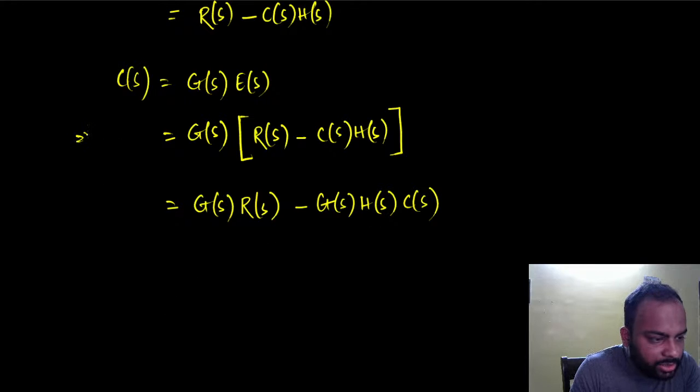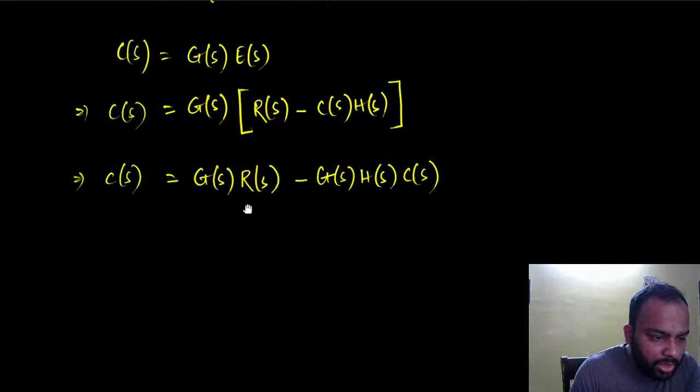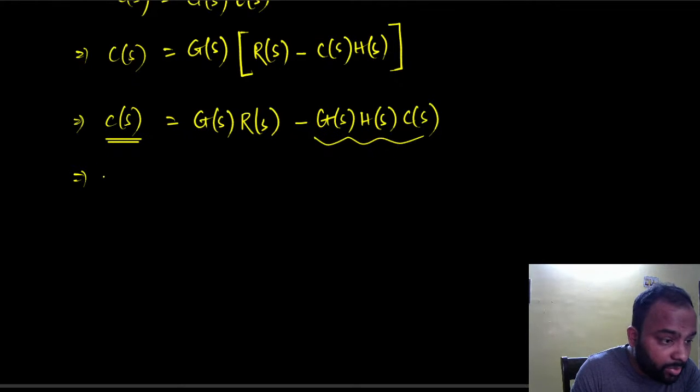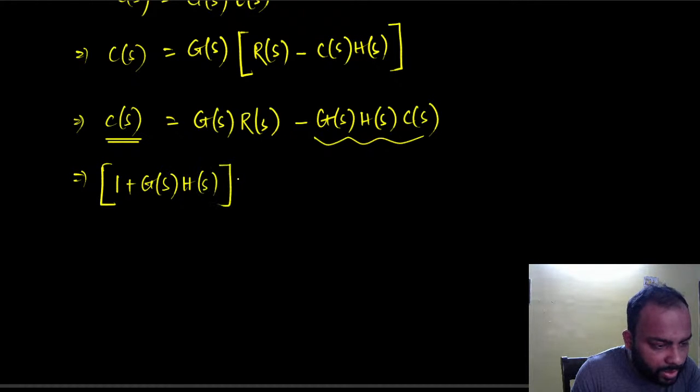So that's actually equal to C(s). And if we bring this term to the left hand side and factor out C(s), we would have 1 plus G(s)H(s) times C(s), and that equals R(s)G(s), right?